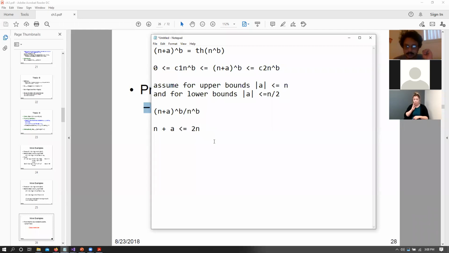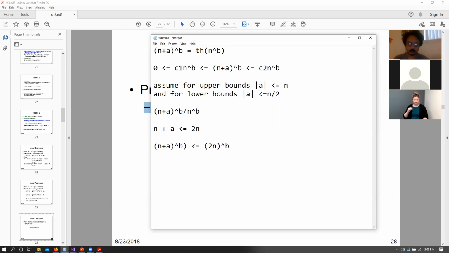Right? If that is the case, we can raise both of those to the power of b, then (n plus A) raised to the power of b will grow slower than (2n) to the power of b.